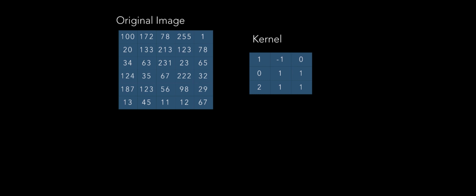Basically, what it means is you slide this kernel on top of the original image starting at the top left, then multiply each value in the original image intensity with the kernel value. For example, 100 will get multiplied with 1, 172 will get multiplied with -1, 255 will get multiplied with 0, and you do similar things for other cells.